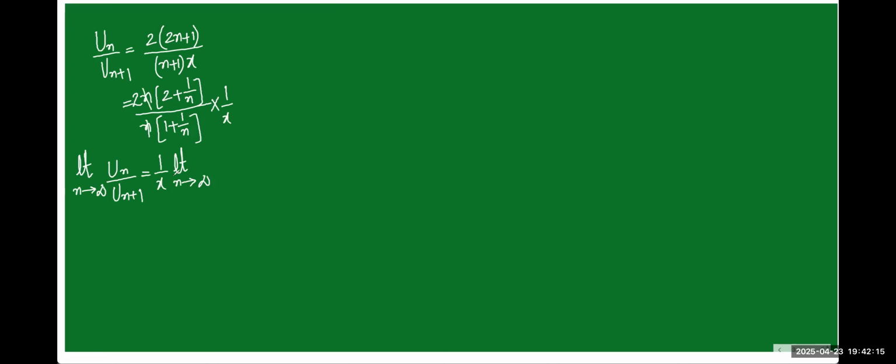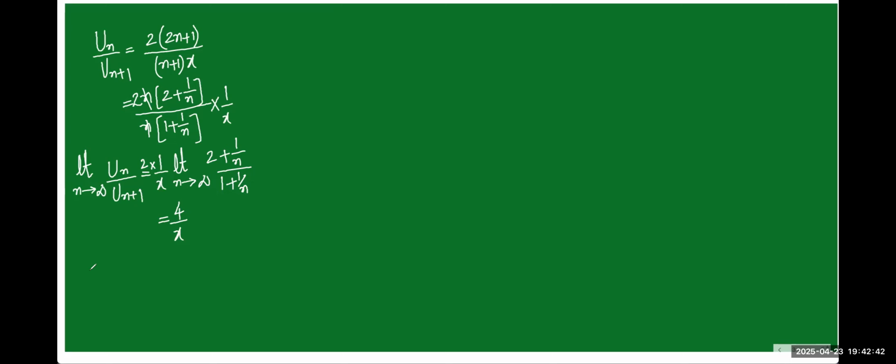Even we can also take 2 outside. 2 by x outside, 2 plus 1 by n into 1 plus 1 by n. So this term and this term will be cancelled. That becomes 0. 2 left here and 2 one more here. It means aggregate we are getting 4 by x as our answer.